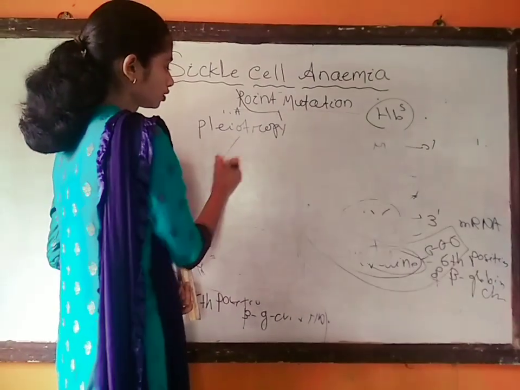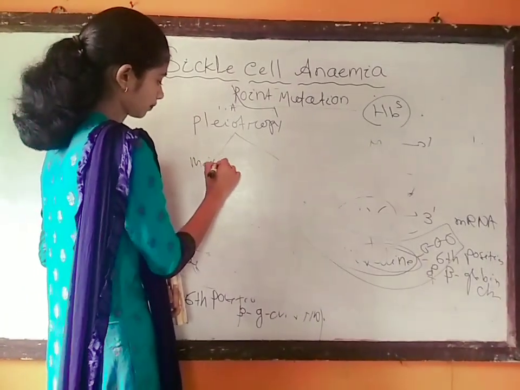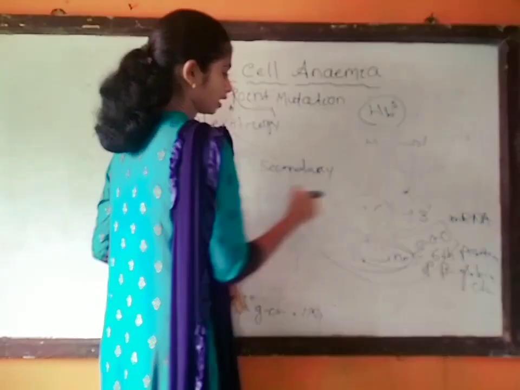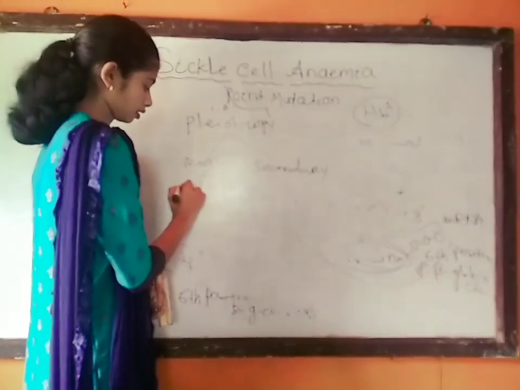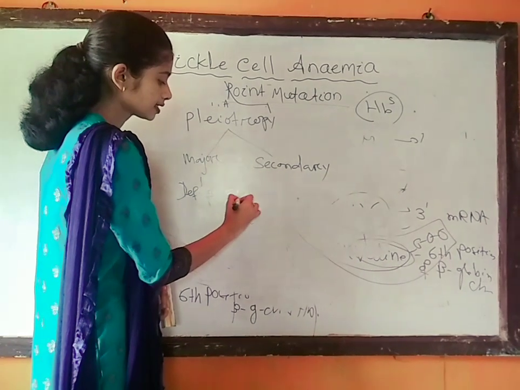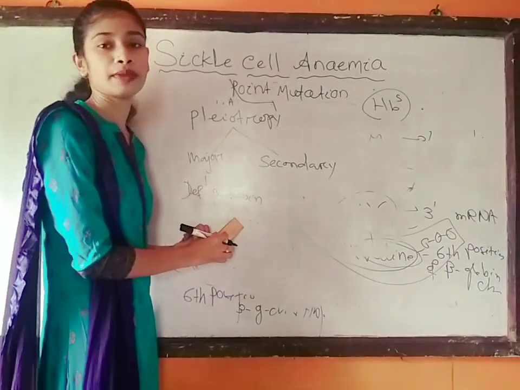So here 2 effects are found. One is the major effect, another is a secondary effect. In the major effect, we find a defective beta globin chain. And this secondary effect is caused by this major effect.